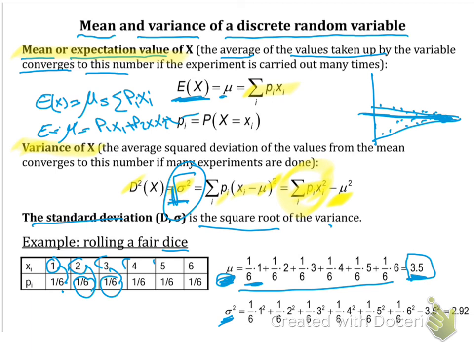For sigma square, if we use the second methodology, you have to multiply each probability by the square of x. So 1 over 6 times 1 square, 1 over 6 times 2 square, 1 over 6 times 3 square, each probability by the relevant number up to 1 over 6 times 6 square.